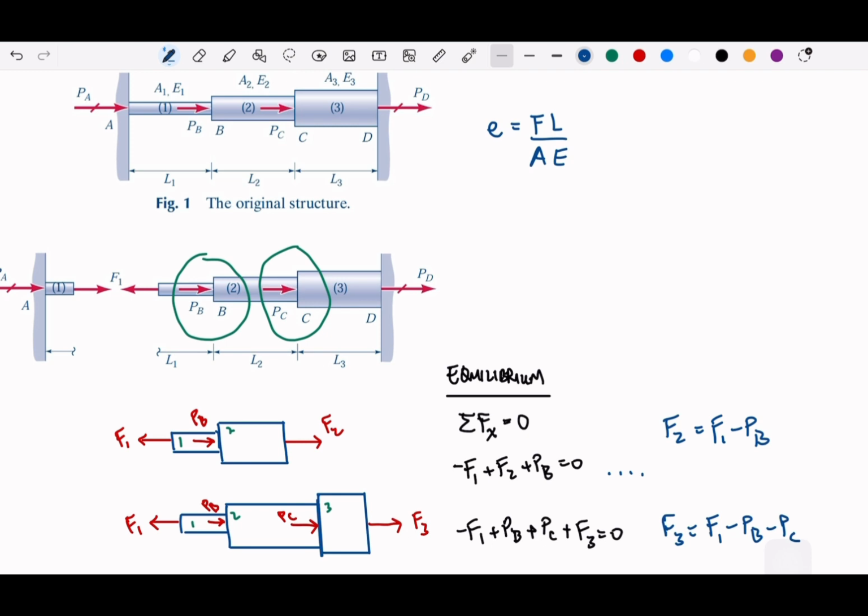So for each one, I can write, let me write just with a subscript, the elongation 1 is F1 L1 divided by A1 E1, and then F2 L2 divided by A2 E2, and 3.